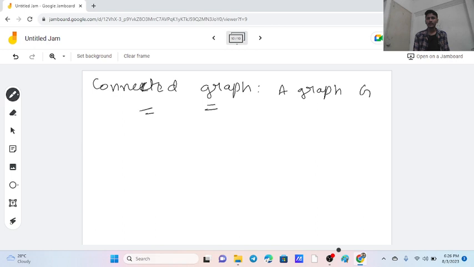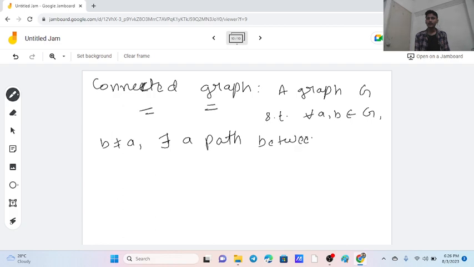A graph G such that for all A, B belonging to G with B not equal to A, there exists a path between A and B. If this is happening, then that graph is called a connected graph.